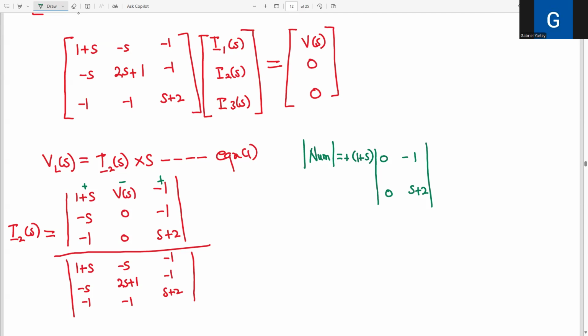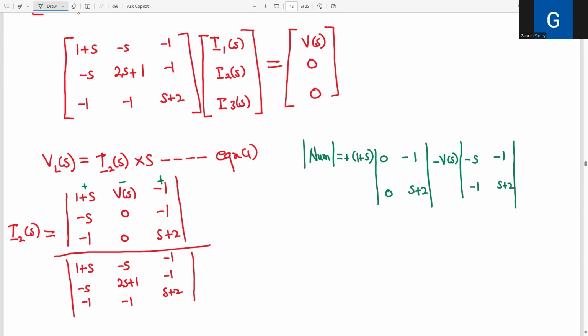So this side is going to be minus V of S multiplied by the determinant of minus S, minus 1, minus 1, S plus 2. Right? Because we have taken this whole part and this whole part out. What is left is minus S here, minus 1 here, and then minus 1 and S plus 2.